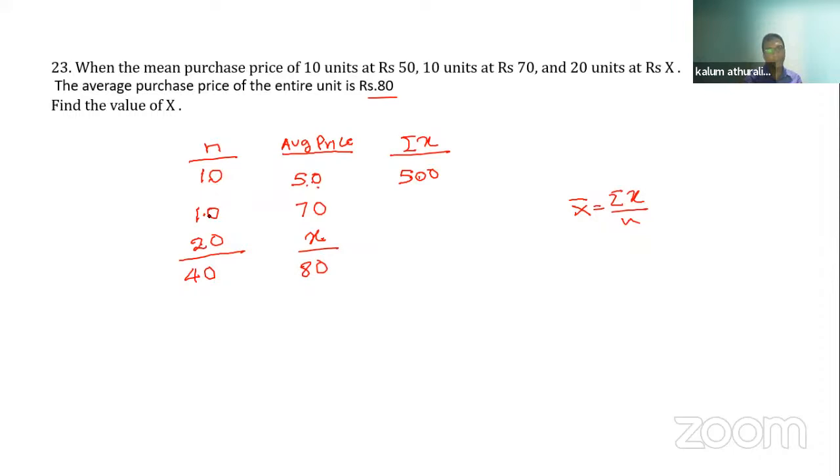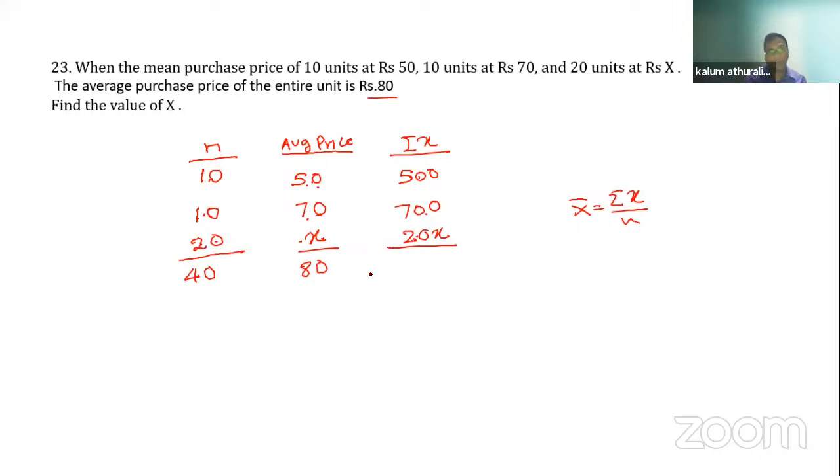Then 10 data with average 70, the total is 700. Then the total of the last group is 20 times X, 20X. We don't know the exact values.